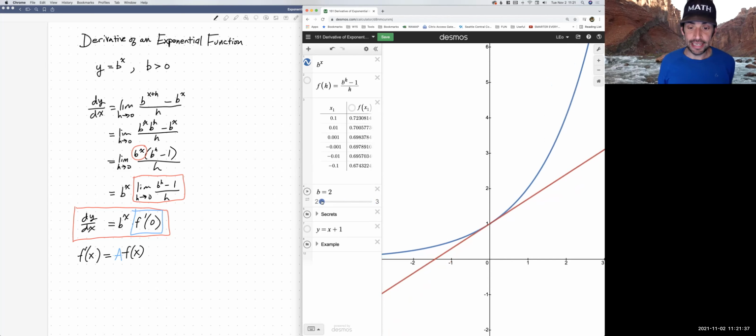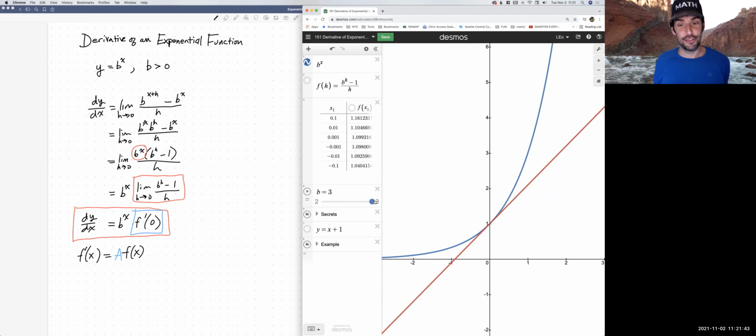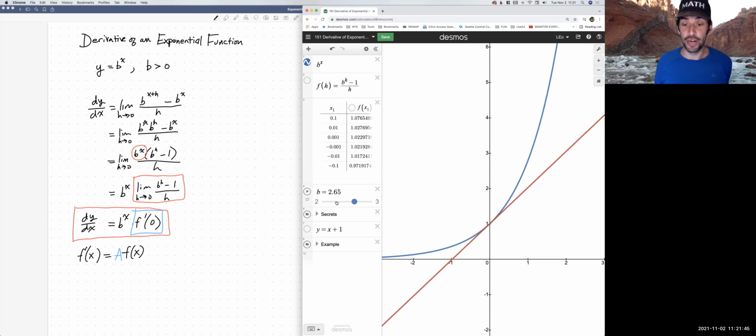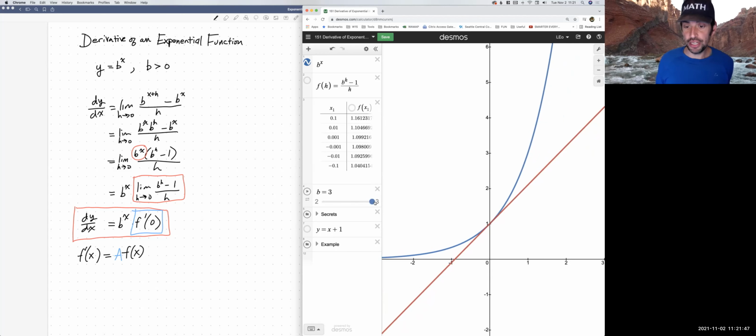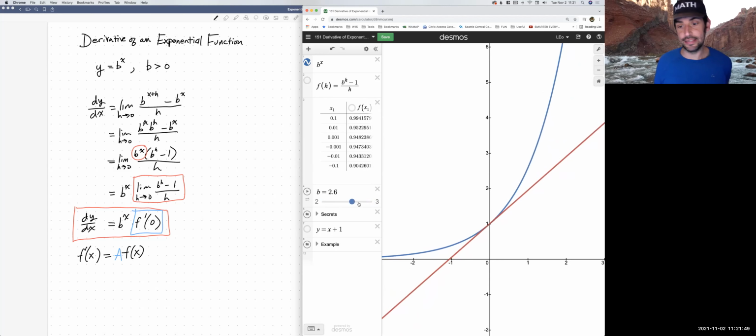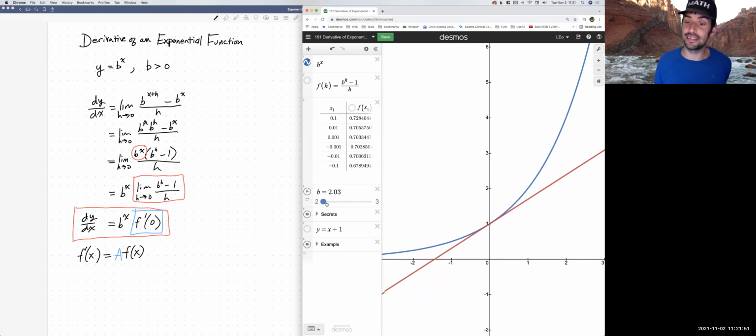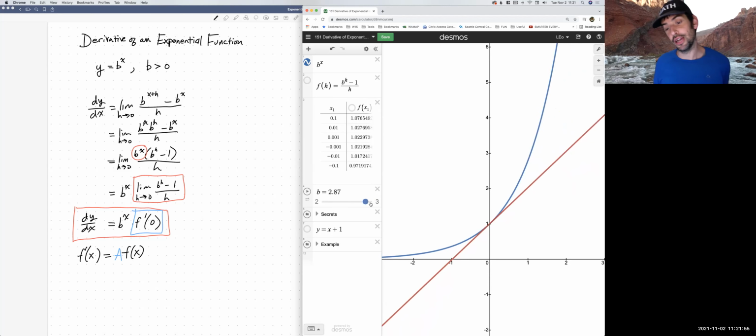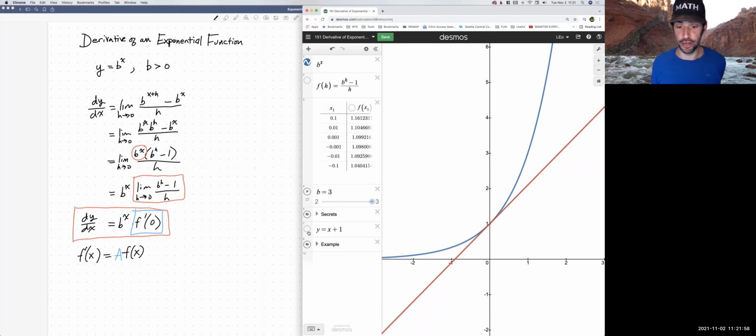So when the base is 2, the limit is something approaching 0.69-ish. With 3, we get something a little bigger than 1, right? So somewhere between those two values, it seems reasonable to assume that this limit is approaching 1. We're starting at below 1 and we're going to something above 1. And if I can do this graphically, this dotted gray line is the line through that point, 0, 1.